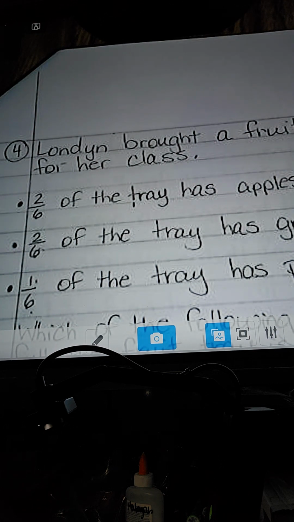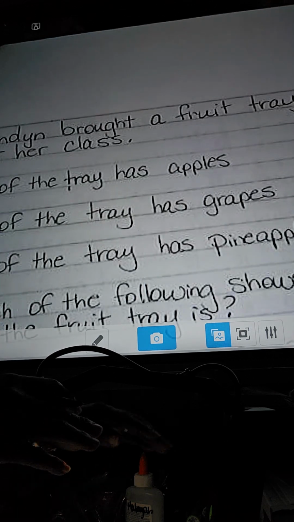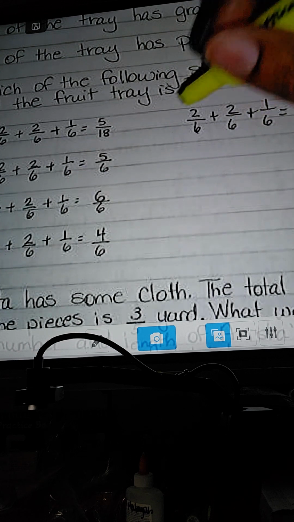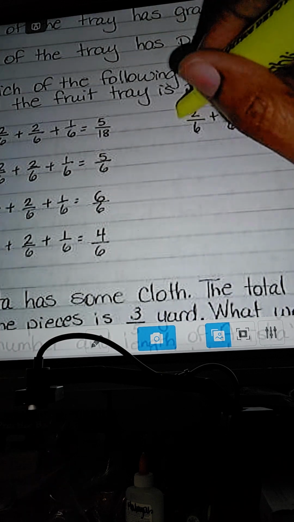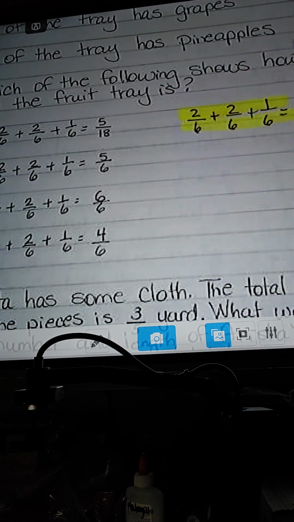So I know I would add 2/6 plus 2/6 plus 1/6. I'm sorry, this little camera sometimes gets on my nerves because it doesn't do what I need it to do all the time.